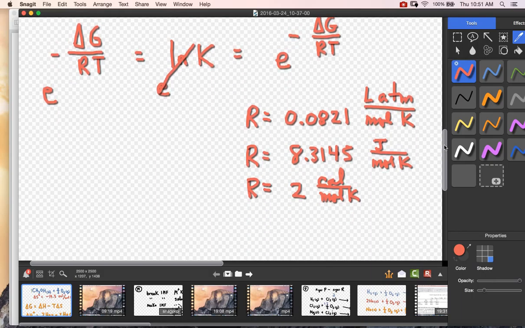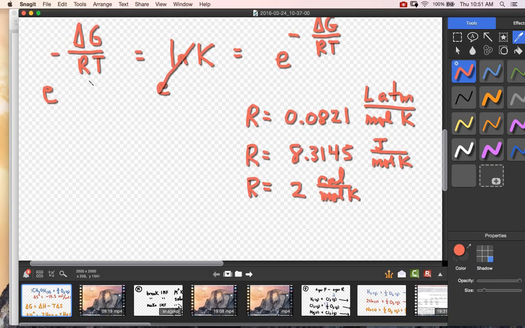Now I have to convert delta G to calories. So it's going to be minus 167,200 calories. I think I said joules a minute ago. I meant calories. Calories per mole.